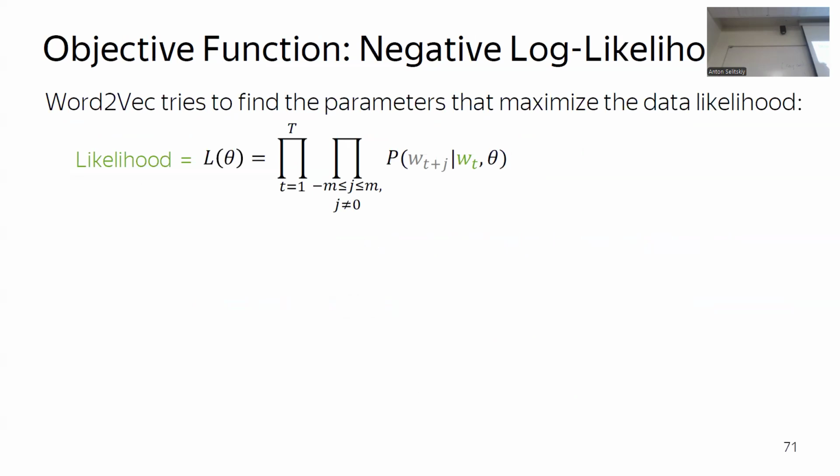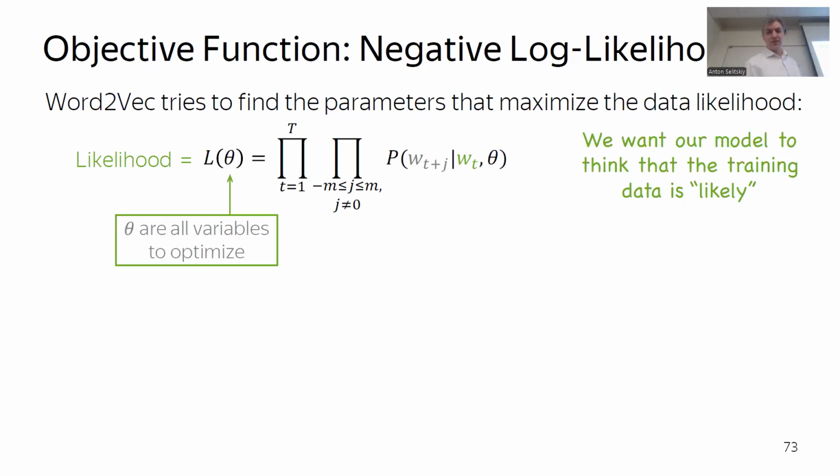And the second product goes through the neighbors of our words with index T. And M is the size of our sliding window. And now we want to define actually what is the model, what are the parameters that will maximize the likelihood.